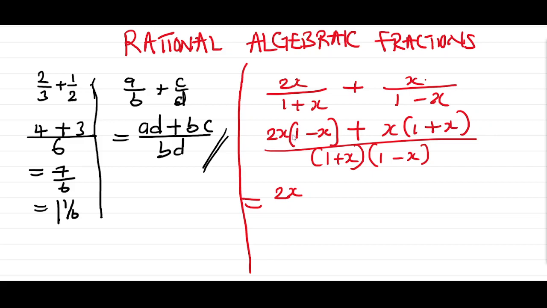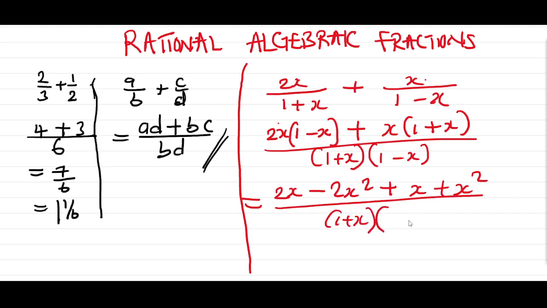And then 2x multiplied by negative x gives negative 2x squared, because you have x multiplying x, which is x to the power of 2. The negative sign is there. Plus x, and then plus x squared because x is multiplying itself, all divided by 1 plus x multiplied by 1 minus x.